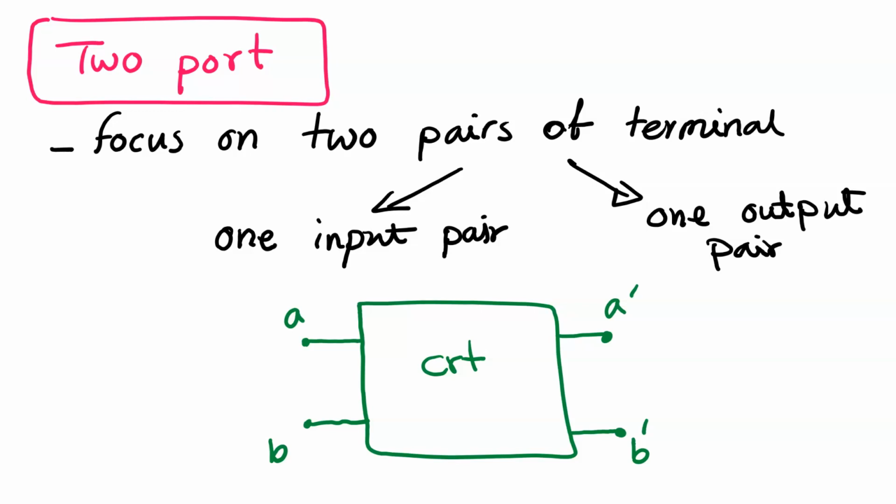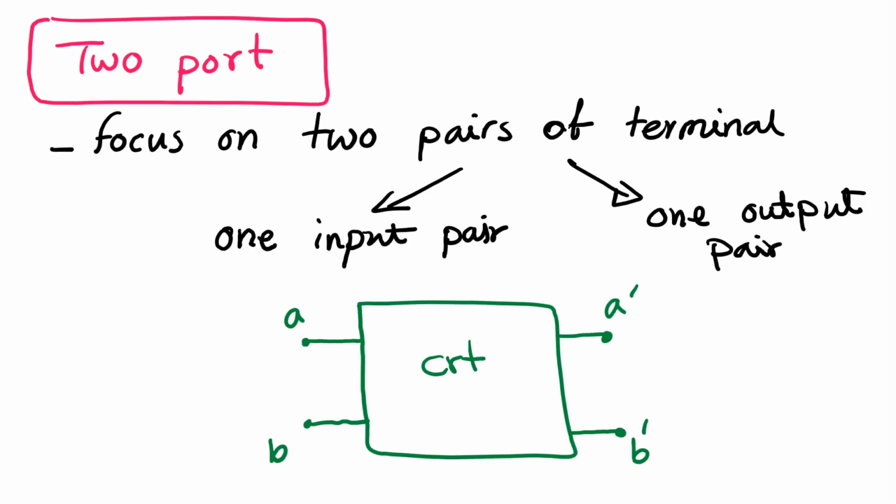In a two-port circuit, instead of focusing on one pair of terminals, our focus is on two pairs of terminals. And there are some features that we have to consider in a two-port circuit. The first one that I want to mention is that a two-port circuit does not have any energy stored.